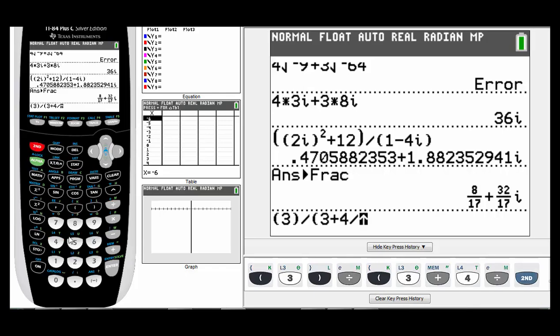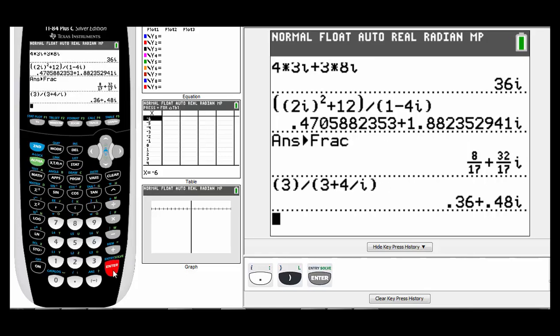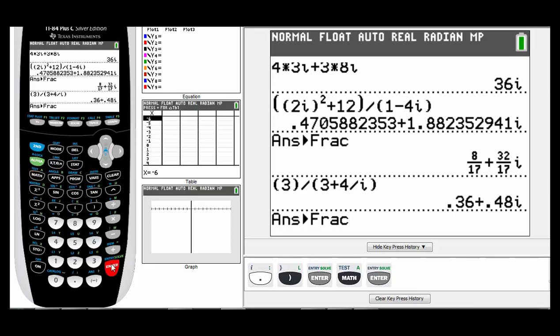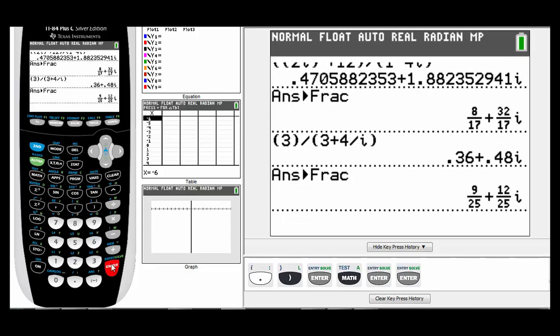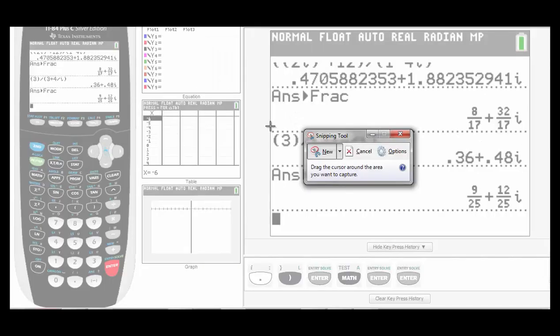Now i is, remember, the second function above the decimal, close parenthesis. Now I'm thinking we're going to get some ugly decimals here. No, they're not too bad, 0.36 and 0.48. We can convert them, Math, Frac is our first option, so either hit 1 or Enter, and then execute the command. And I believe this matches with what we had for our solution.